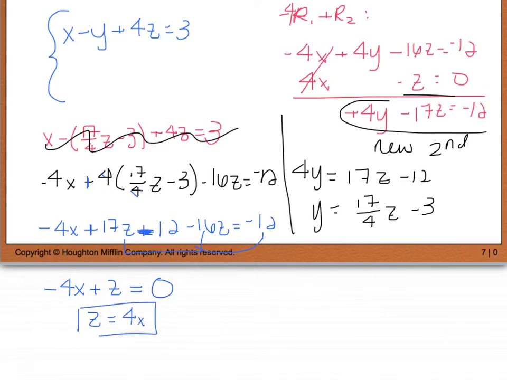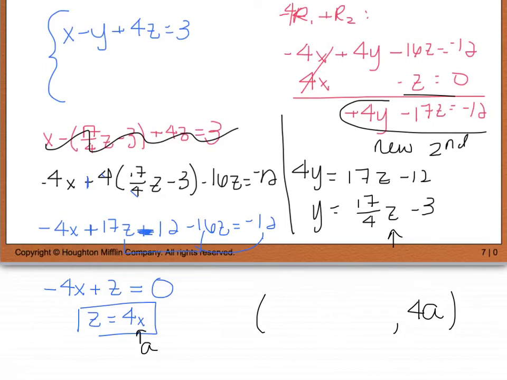And we said before that when we're doing our coordinate point, we're going to plug in a when we look at z's. So now I really have 4a, and if I plug in an a in for my y, up here, I have 17a, or I'm sorry, z is equal to 4a.